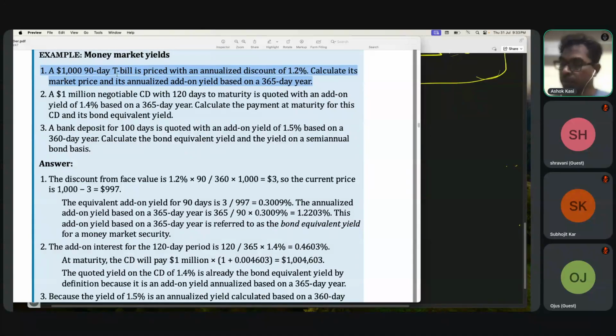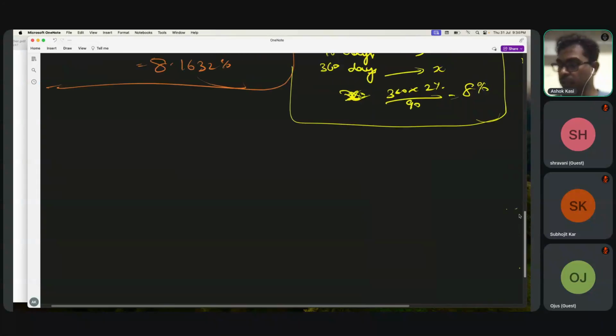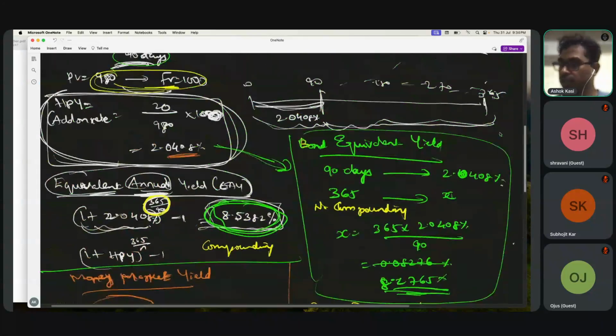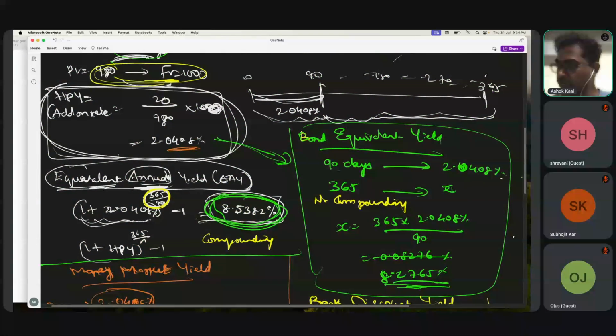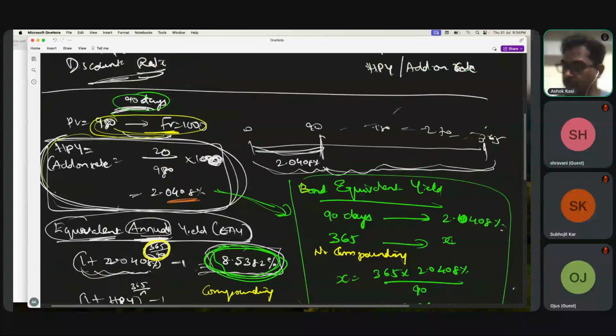See, a 90-day treasury bill is priced with an annualized discount. So the first step that you should do, when you get this question, is to think that you want to arrive at the holding period yield first, because once you get holding period yield, all the rest you can find out from there. So to get holding period yield, what do you want?